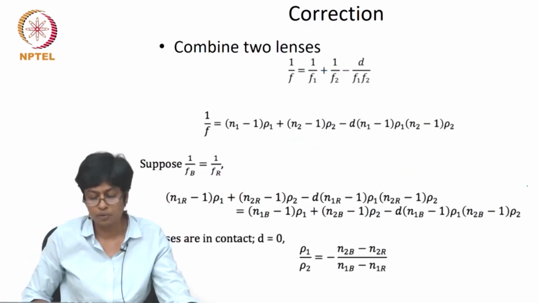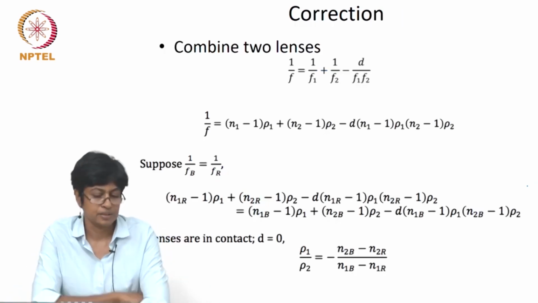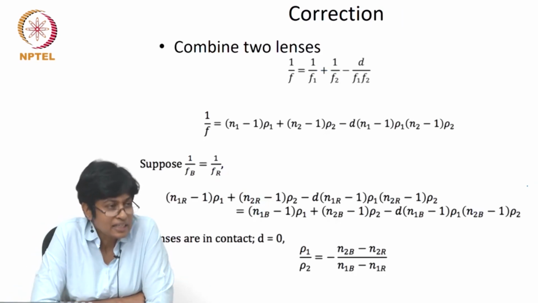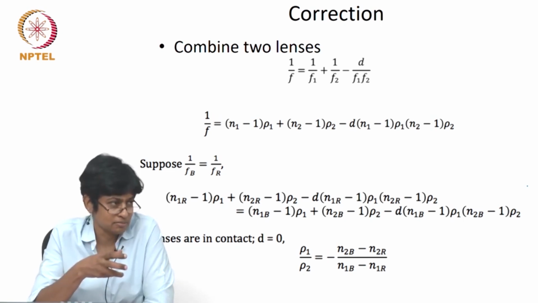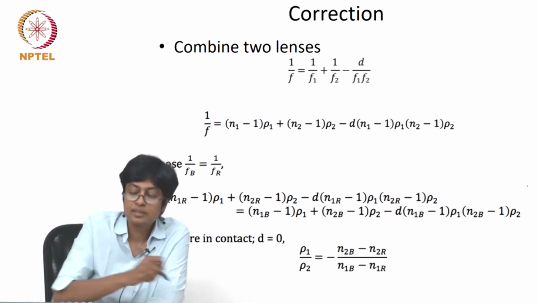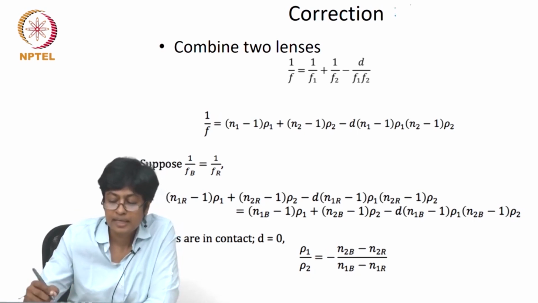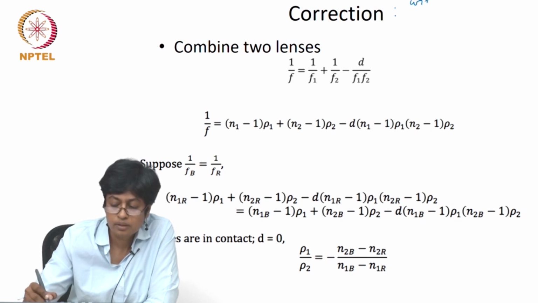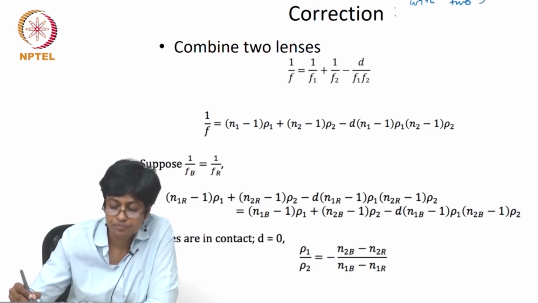Now, how do I do a correction? Clearly, to do a correction, I need to add something to my system. So let's see if we can do the correction with two lenses.